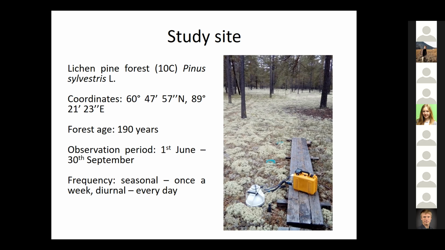It's actually one of the main forest types. Observation, as I said, was during the summer season up to the end of September, and the frequency of seasonal measurement was once a week, and diurnal every day, 24 hours.